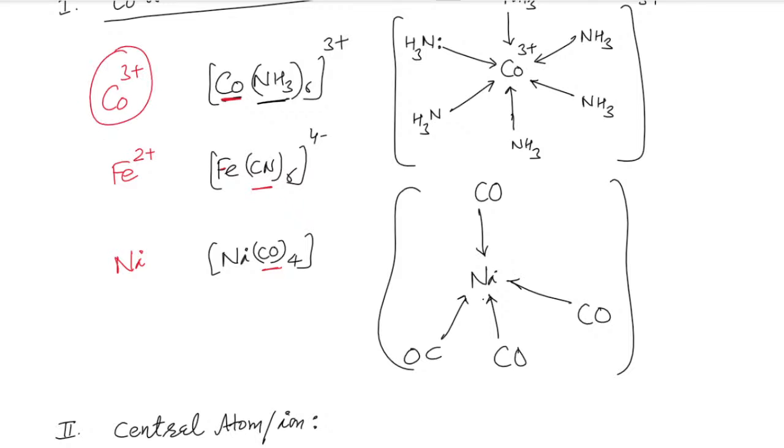So these metal ions, to which a fixed number of molecules or ions are attached by coordinate bond, are called central metal atoms or ions.